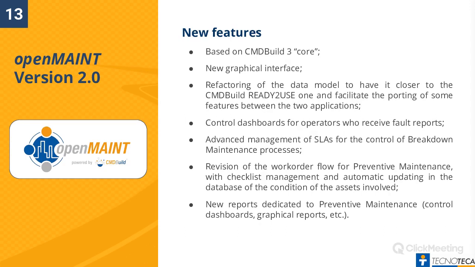The last feature is the new reports dedicated to preventive maintenance. This is a report that will show the checklist, which is going to be a grid with a calendar for the scheduling of each single activity, and a report for configuring the preventive maintenance.